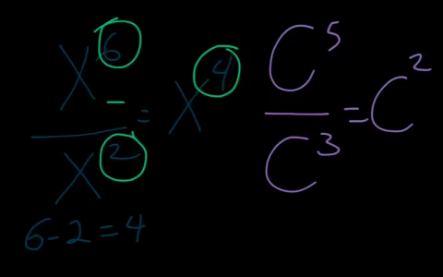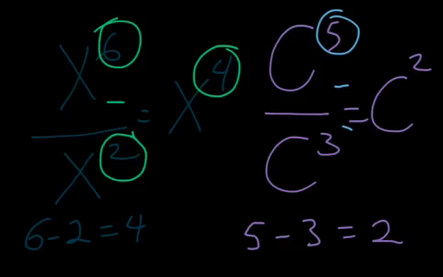5 minus 3 equals 2. When we divide exponential expressions, we subtract the exponents.